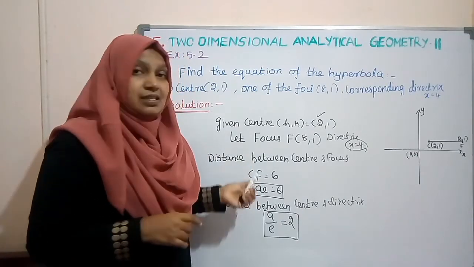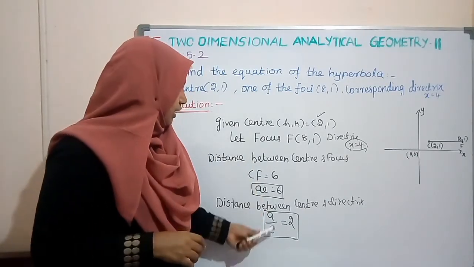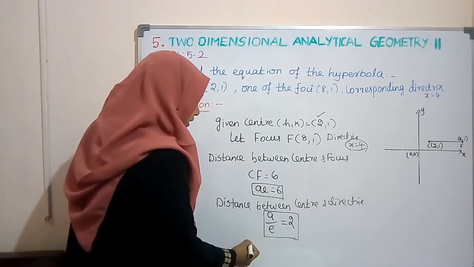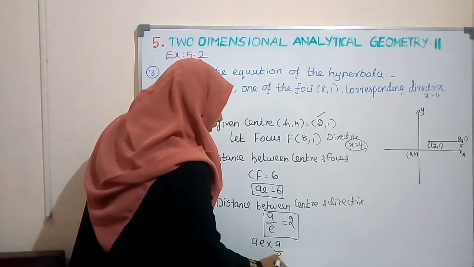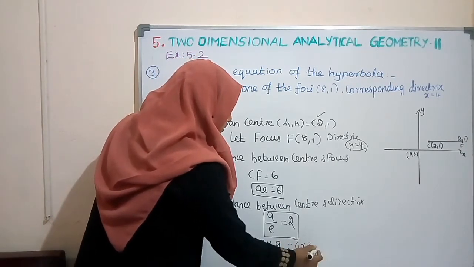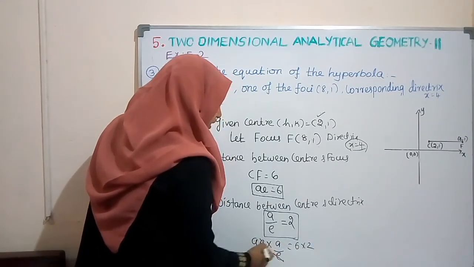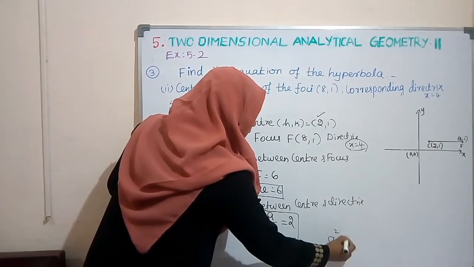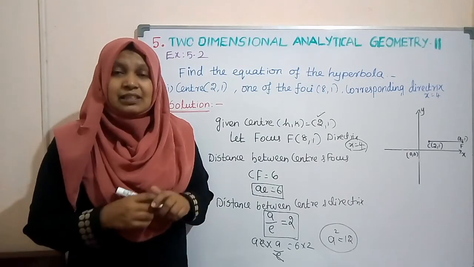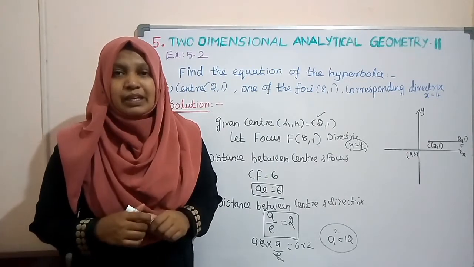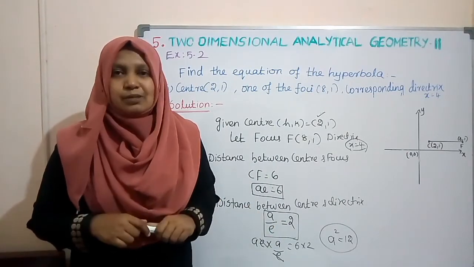For that, just multiply these two values. ae into a by e is equal to 6 into 2. Therefore, e gets cancelled. We have a square is equal to 12. So by multiplying the two distances ae and a by e, we are getting the value of a square.